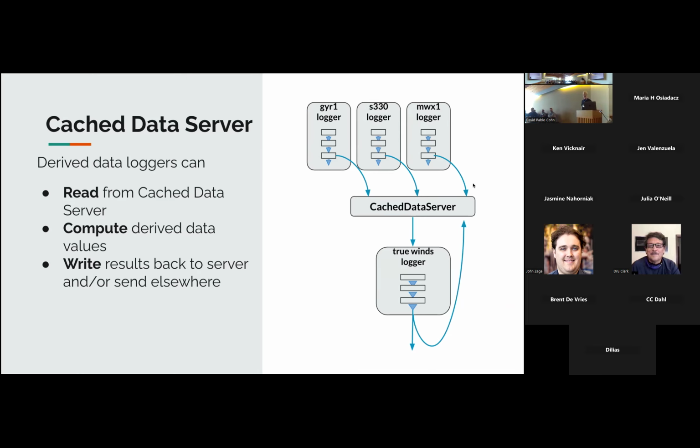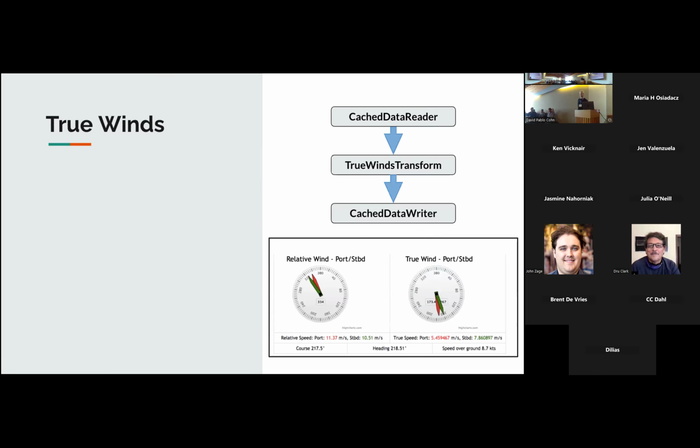So these instruments send the data to the cache data server, and then you have a thing called a true winds logger. Rather than reading from a raw sensor, it reads from the cache data server. It computes the true winds, and then as a bonus, it writes its output back to the cache data server. So basically, your true wind logger looks like a cache data reader, followed by a true winds transform, followed by a cache data writer.